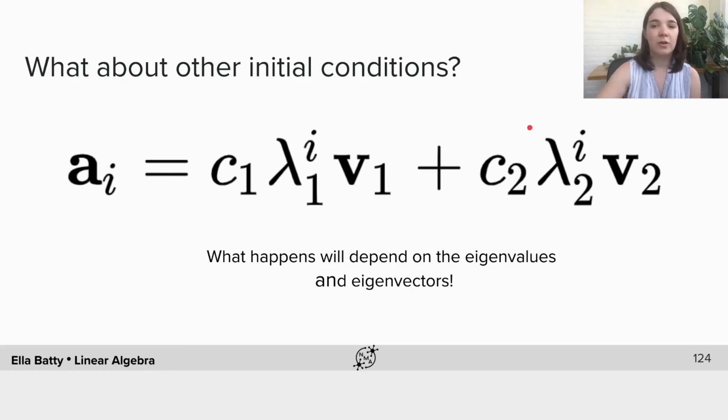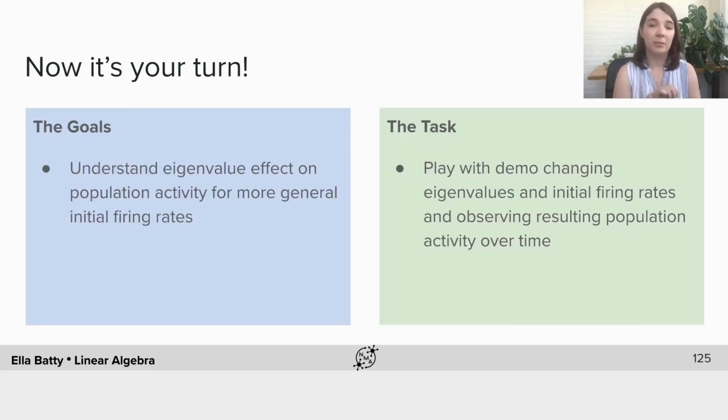And so once again, the activities really depend on the eigenvalues. There's just the added complication that now it depends a little bit on the eigenvalues and what exactly the initial condition is. And so you'll play with that in the next demo, where now it will be a similar demo as before, but now you can change both eigenvalues and the initial firing rates, and you can observe the resulting population activity over time.